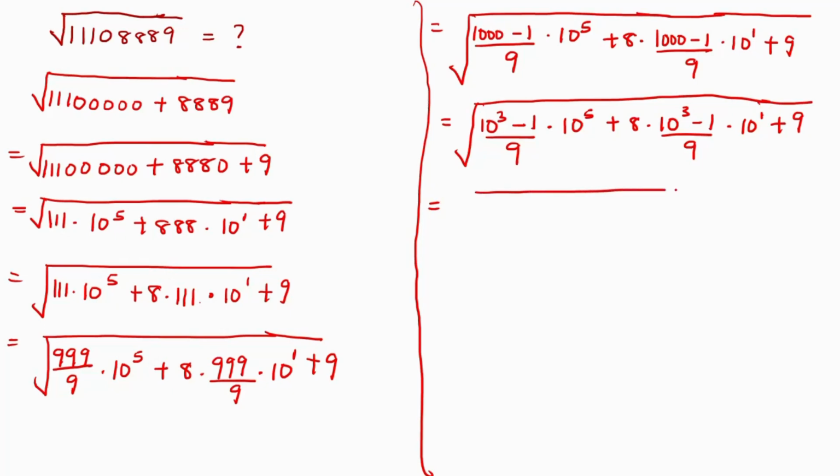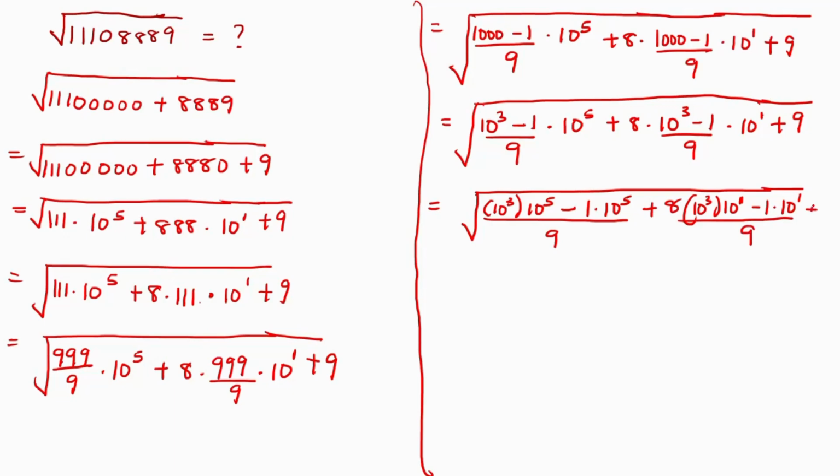So at this point, all we want to do is expand. We have 10 raised to the power of 3 multiplied by 10 raised to the power of 5, minus 1 multiplied by 10 raised to the power of 5, over 9, plus 8 into 10 raised to the power of 3 multiplied by 10 raised to the power of 1, minus 1 multiplied by 10 raised to the power of 1, over 9, plus 9.